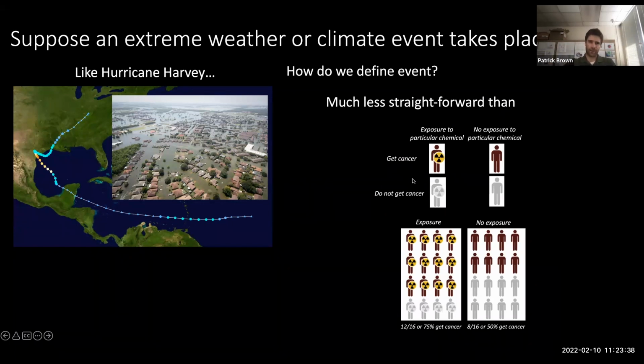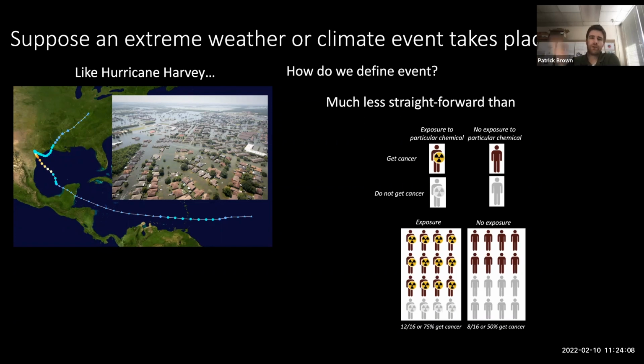That's a nice pre-existing dichotomy to study these types of things. But in climate, you have to come up with an event definition that's equivalent to the cancer, no cancer dichotomy. And so that is one of the main challenges here.